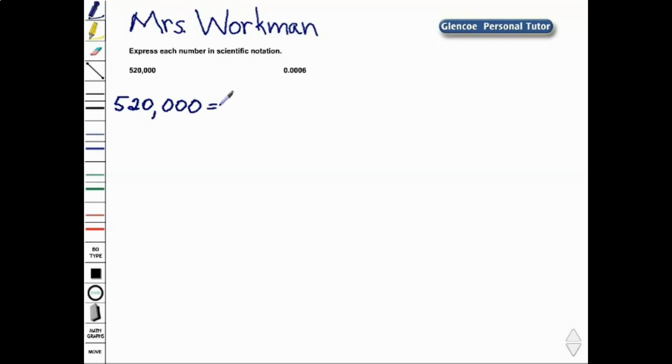When we write a number in scientific notation, we want to write that number as a product of a number that is greater than or equal to 1 and less than 10 times some power of 10. Now, how do we actually do that? Well, we want to put the decimal point behind the first non-zero digit.